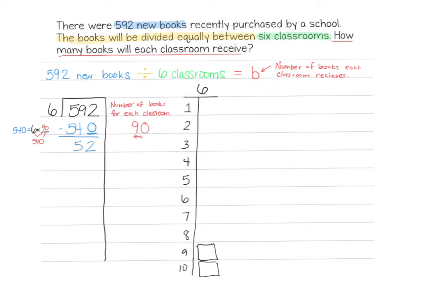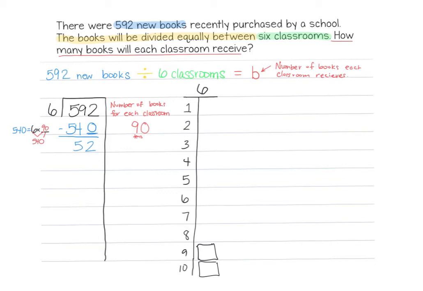Where is 52 going to fall on our groups of 6? Because we're still doing 52 divided by 6 classrooms. So 52 is right here in between 9 groups, 54, and 8 groups, 48.